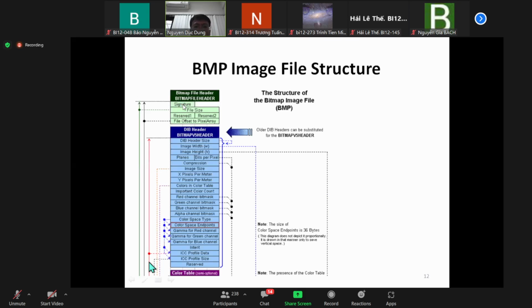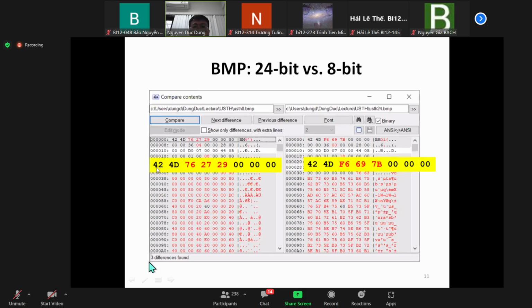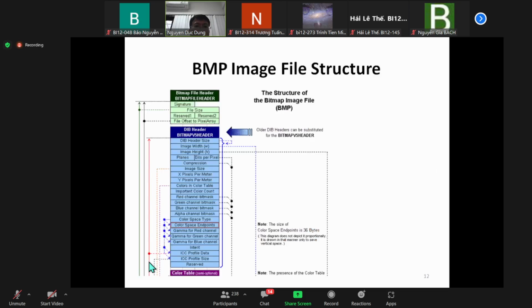The signature in this case is the 2 bytes with the values 42 and 4D in hexadecimal numbering system. And the next 4 bytes are used for storing the file size.